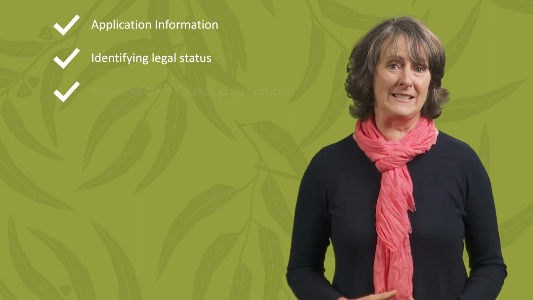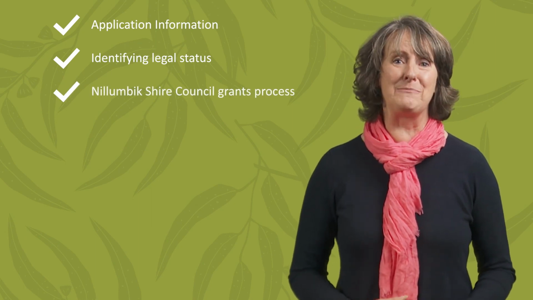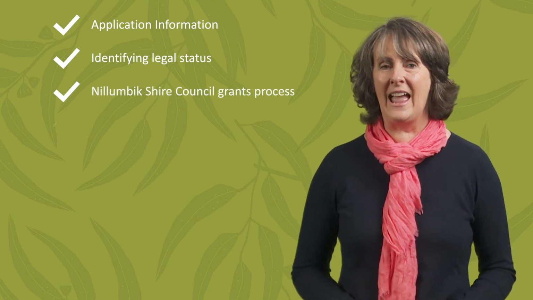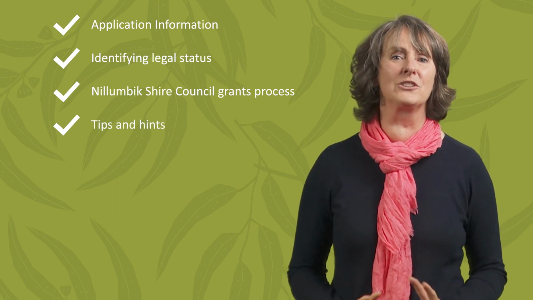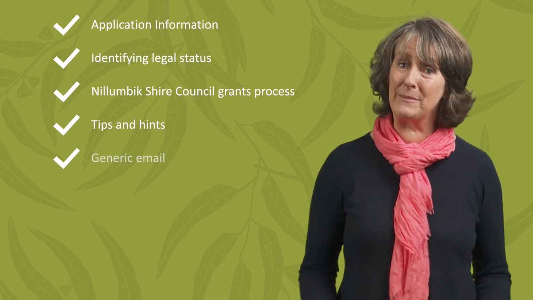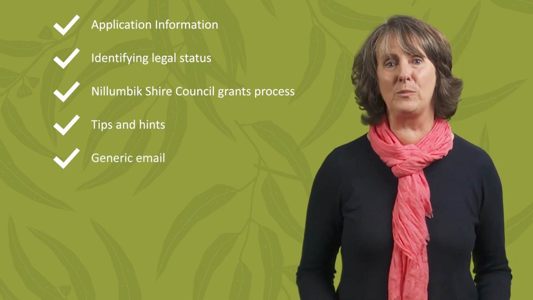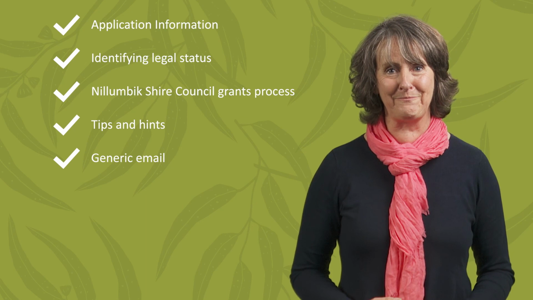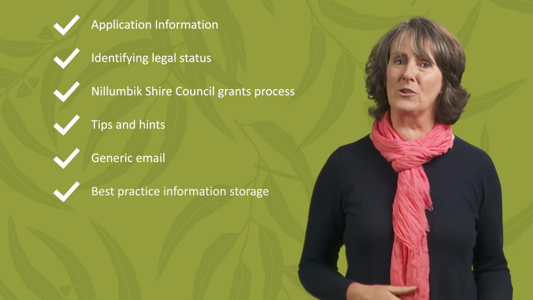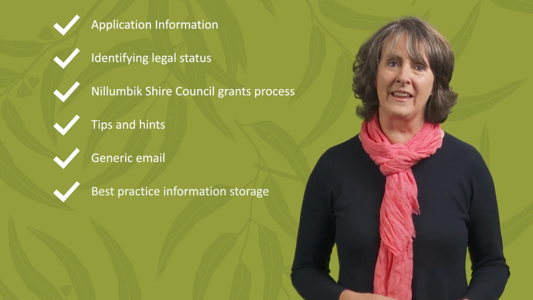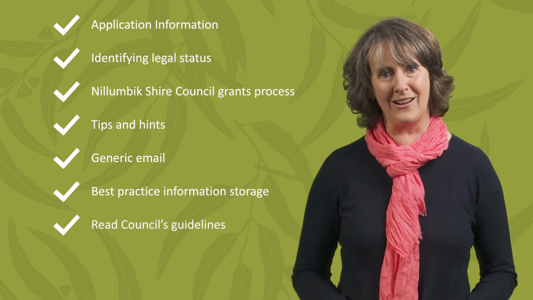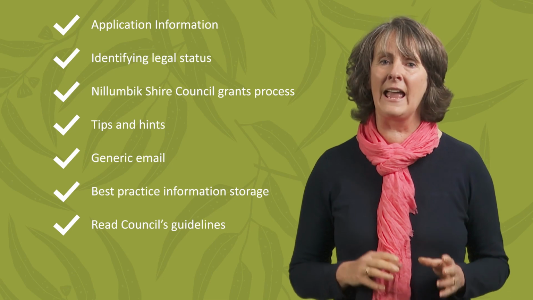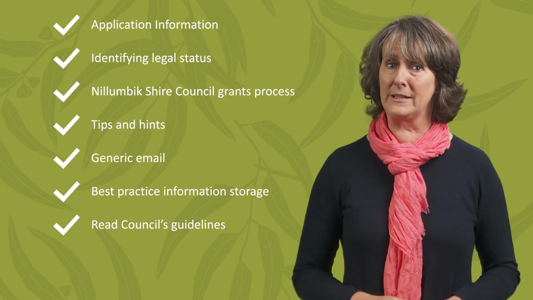We've heard from the grants team about the grants process at Nillumbik Shire Council and some tips and hints for successful grant writers. Also, don't forget to organise a generic email account to make successful planning easy. We've looked at best practice for storing information and access. Most importantly, don't forget to read the Council's guidelines about the key areas and the eligibility requirements.